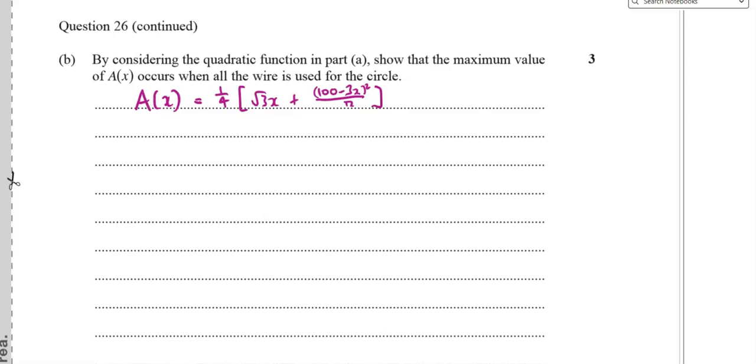Let's expand that out. So it's a quarter root 3 x squared plus 1 on 4 pi in front of this when expanded, which is 100 squared minus 600x plus 9x squared.